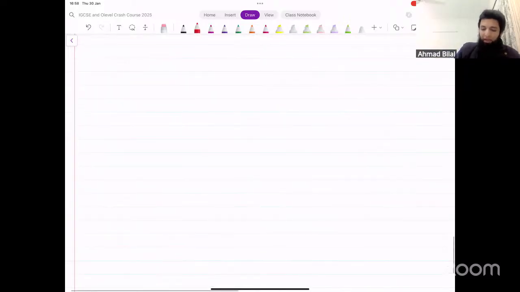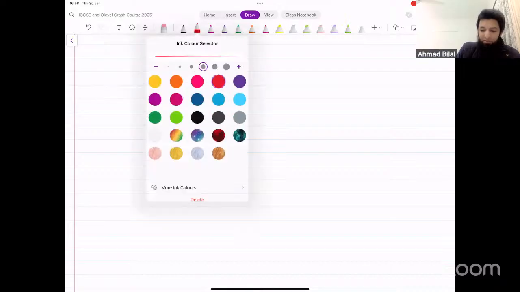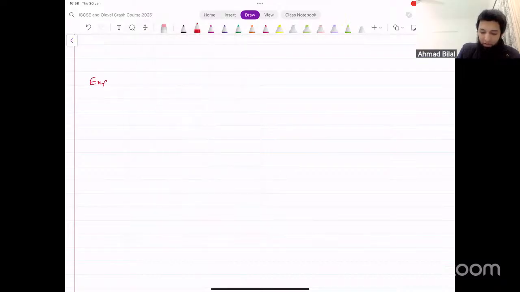Okay. Then what you need to know is some sequences which are going to be square sequences. So basically exponential sequences as a whole. Exponential sequences are where the nth term has n in power.